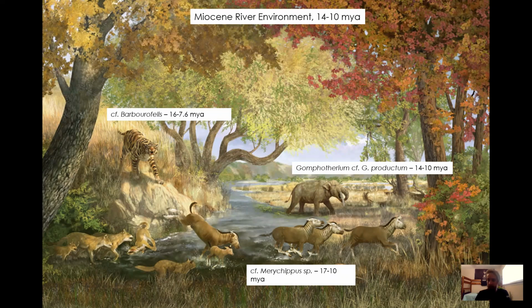It had more advanced dentition than Mesohippus, but still retains some basal characteristics of early equids like Eohippus that were adapted for browsing foliage from a forest. However, Merychippus would have been more adept than Mesohippus at eating abrasive grasses. So with the context of the other animals in this environment in mind, I believe this would have been a Gomphotherium, tentatively productum, and Barbarophilus sp.